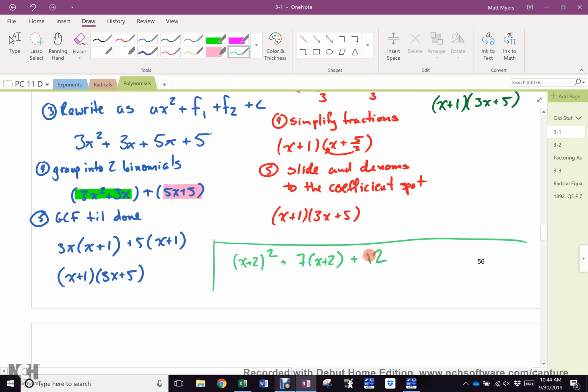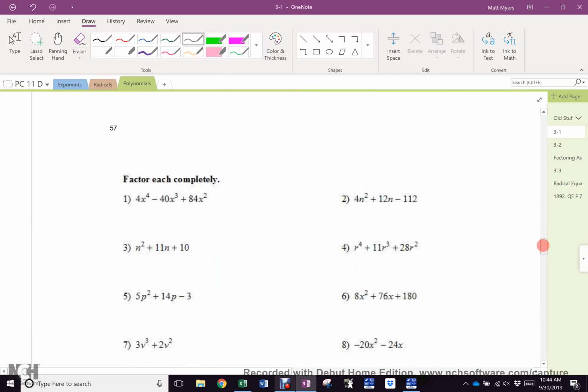Is this any different than m squared plus 7m plus 12? No. So you factor this, and then you put those, I shouldn't have used green, in for your m's later. Everybody good?